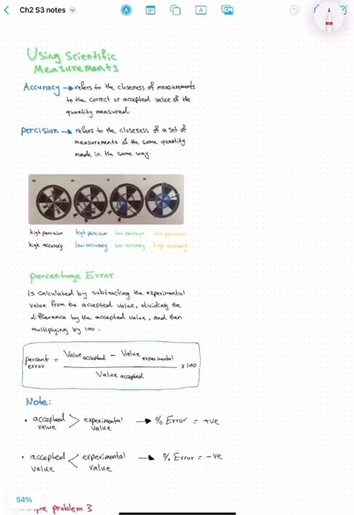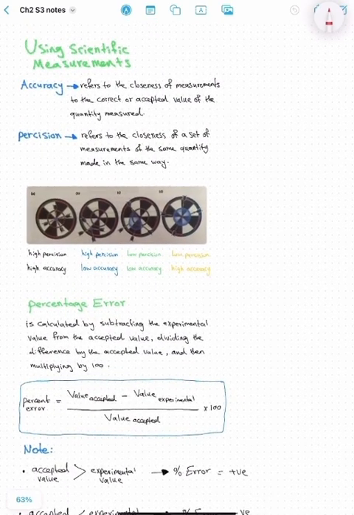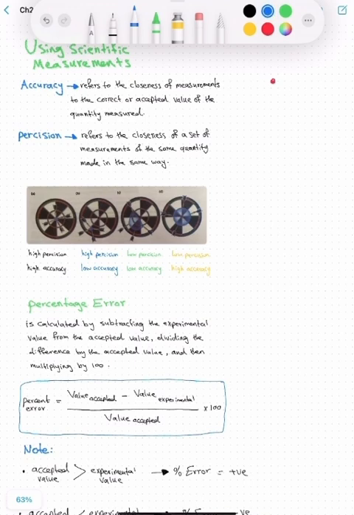So first we have the difference between accuracy and precision. Accuracy is the closeness of measurements to the correct or the accepted value. Whenever you're doing an experiment, theoretically we should get a specific number, okay? Then we will do our experiment, we will get another number.